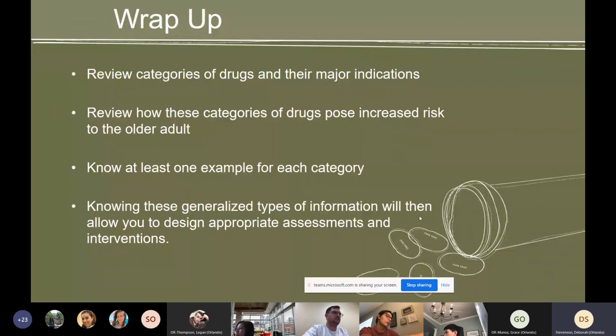Okay. So to wrap up, I think it's very important that you know the categories of drugs and their major implications. I did note at least one example for each category. I'll be clarifying that later on today in our exam review. Certainly aspirin, NSAIDs, digoxin, those are the common ones that are important.